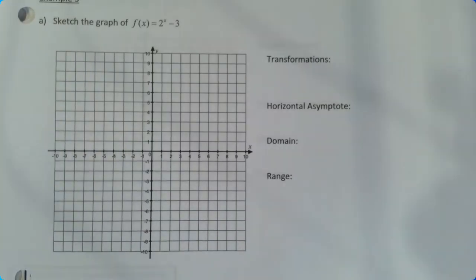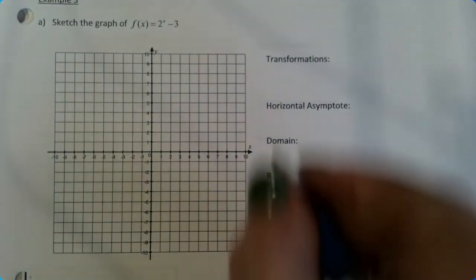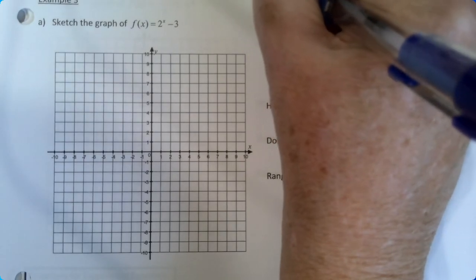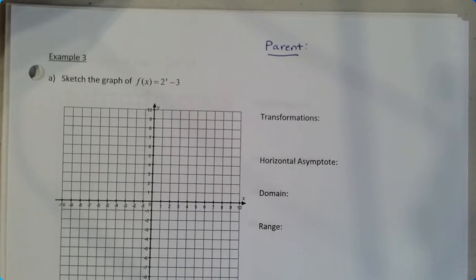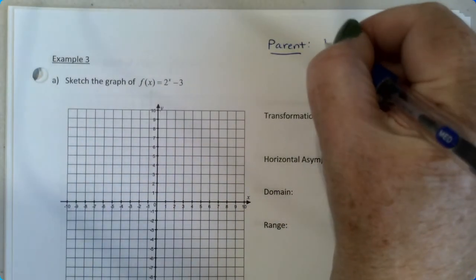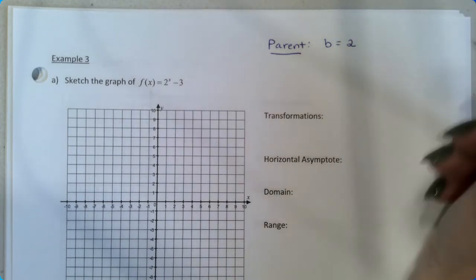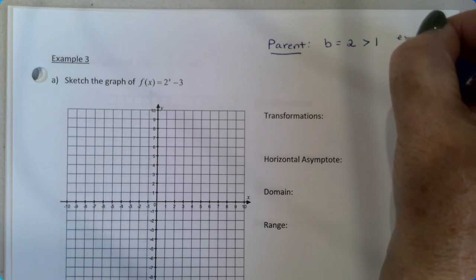I'd like to sketch the graph f of x equals 2 to the x minus 3. Now, I probably should have had one more thing up here, and I'm going to add it. Let's talk first about the parent function. My base here is 2. And since that base is greater than 1, I know this is going to be exponential growth.